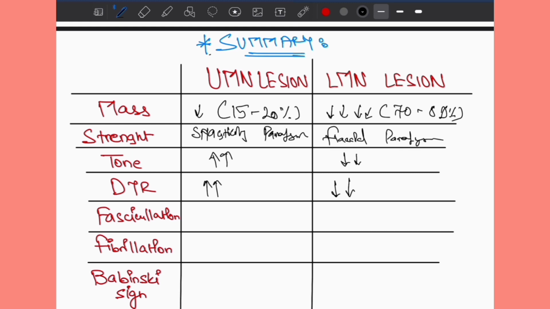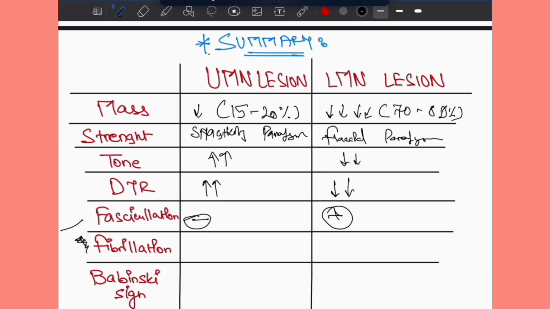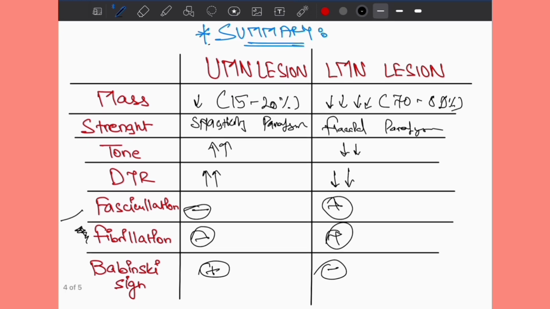Talking about the fasciculations, they occur in lower motor neurons only, and are absent in upper motor neuron. Fibrillations are the representation of the fasciculations in graph-like structures. Here also it is absent in upper motor neuron, and in lower motor neuron they are present. The Babinski sign is positive in upper motor neuron lesion and negative in lower motor neuron lesions. So this was the summary.